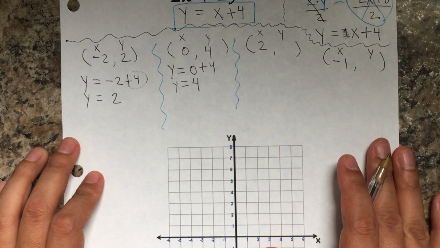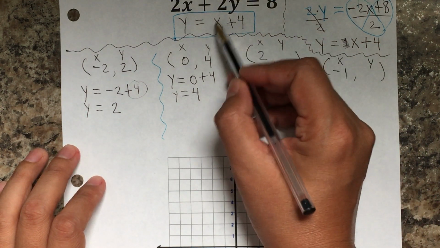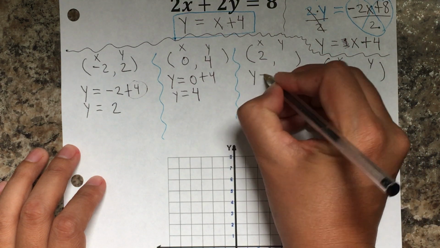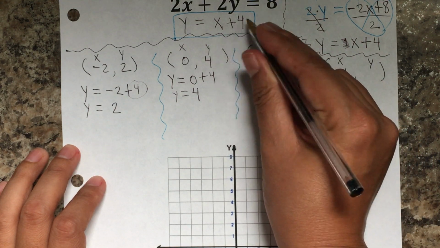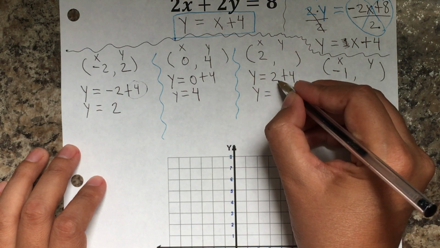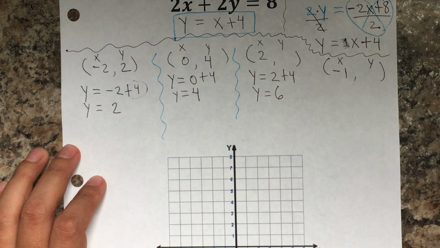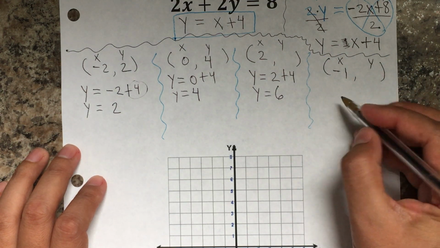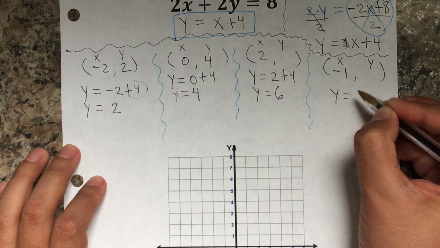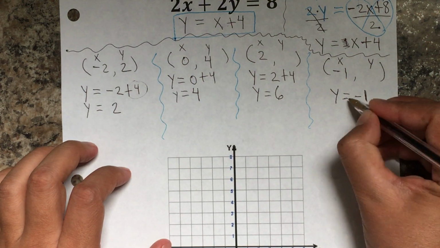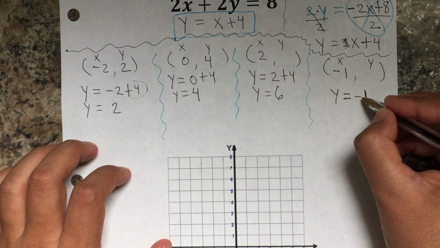For the next one, I take away the x and its value is 2, so y equals 2 plus 4. And so y equals 2 plus 4 is 6. And finally, y equals x, which is -1. Remember, we're substituting the x.